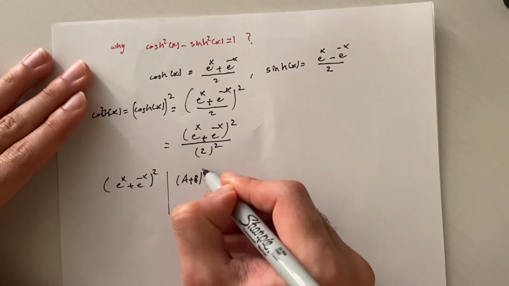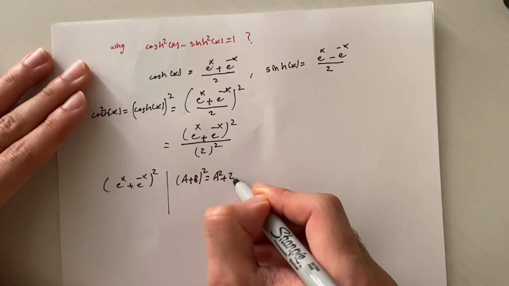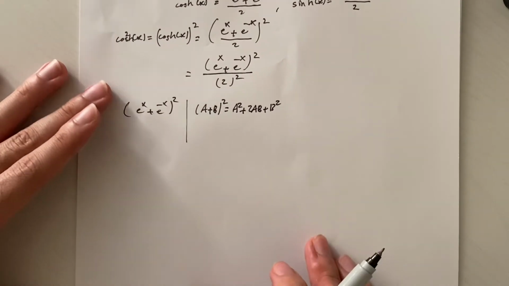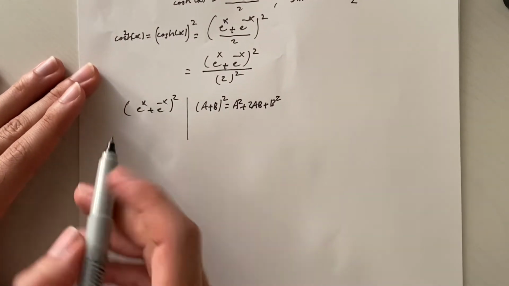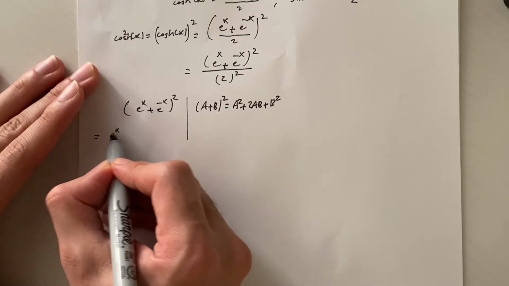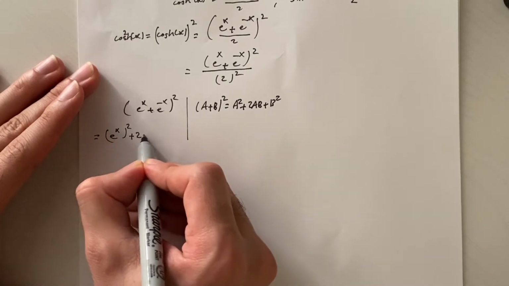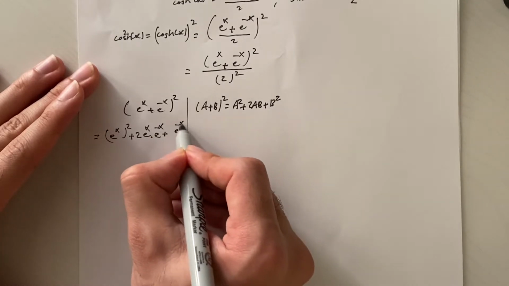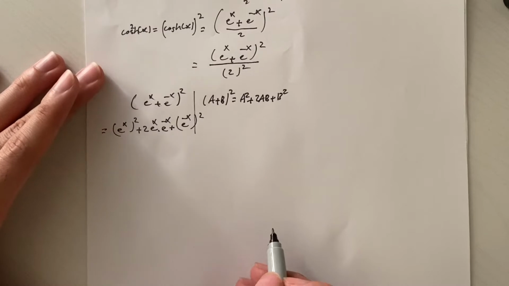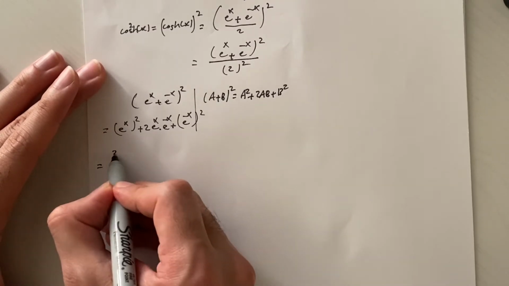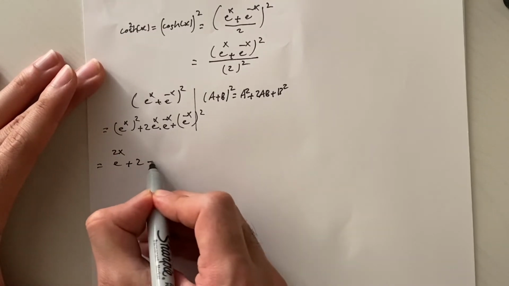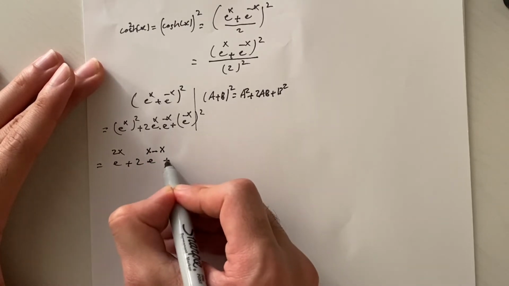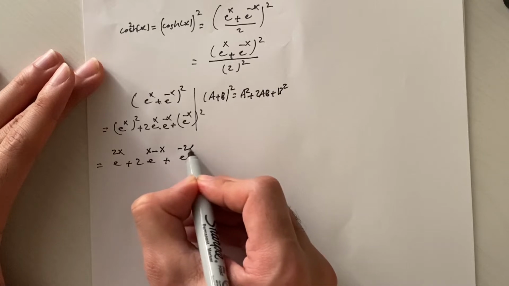A plus b squared is equal to a squared plus 2ab plus b squared, where a here is e to the x and b here is e to the negative x. And here e to the x squared can be written as e to the 2x, and then here the exponents will be added, and then again here e to the negative 2x.